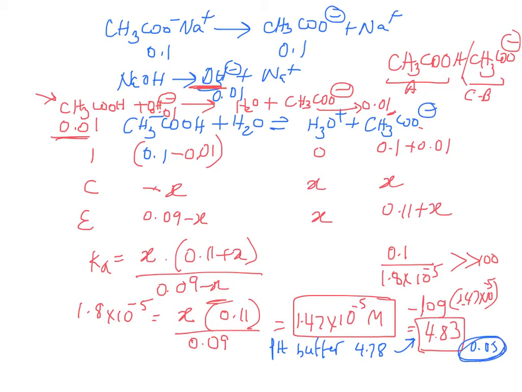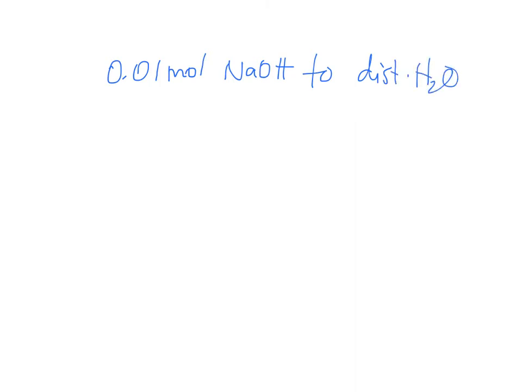Compare this to a situation: what would have happened if you had added 0.01 moles of sodium hydroxide to distilled water? The pH of neutral water is 7. If you would have added 0.01 moles of NaOH, and we'll keep it 1 liter, the concentration would have been 0.01 molar.